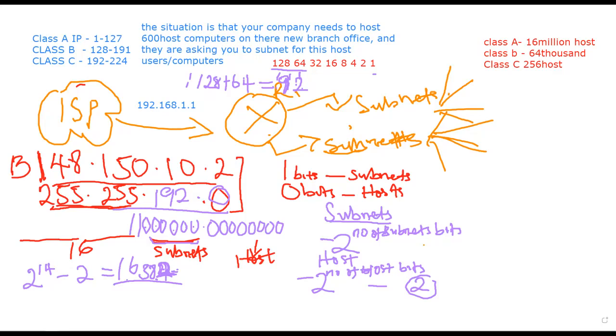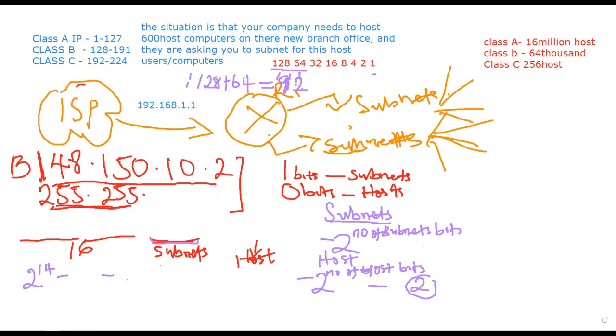So we can again do some manipulation on the subnet mask. Let's try to resolve something with the subnet mask again. Let's erase this and get a new subnet mask.